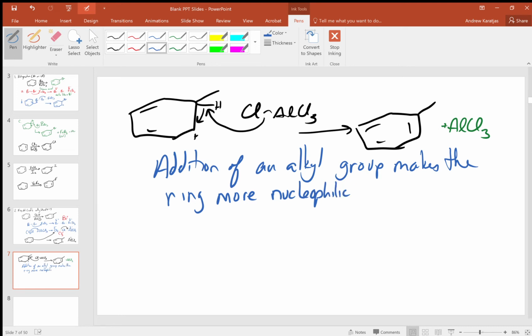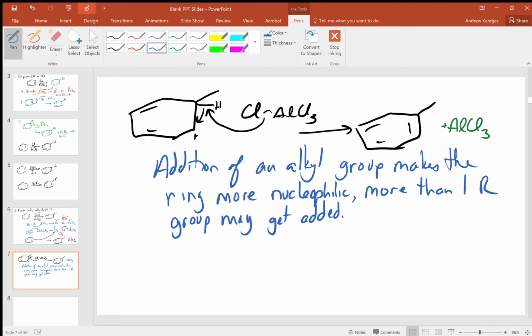And so with Friedel-Crafts alkylations, you often have the concern of more than one R group getting added. So that's our first problem.